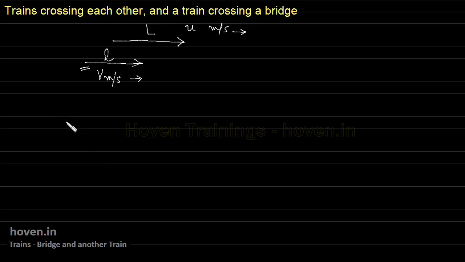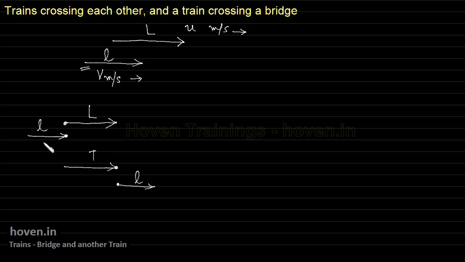This is the starting position we can draw here. This is one train of length L and this is small l, the head of which has just touched the tail of the other train. From this position we have to move to this second position where the tail of the other train touches the head of the first train.